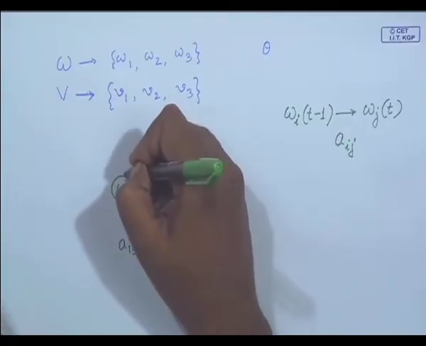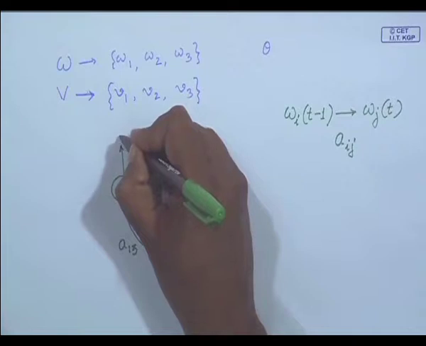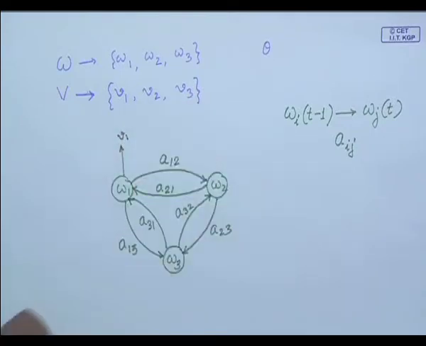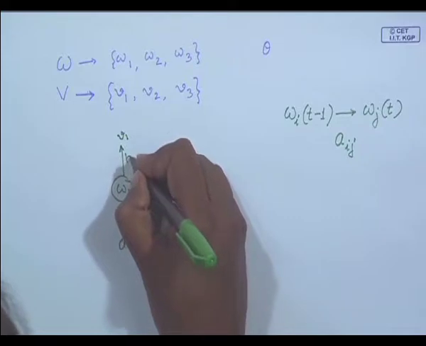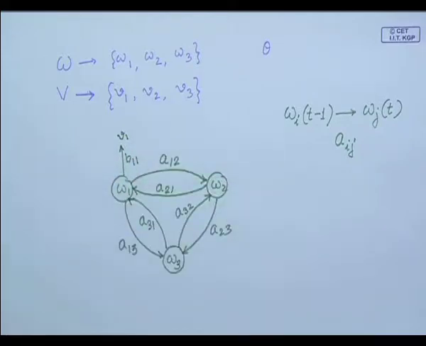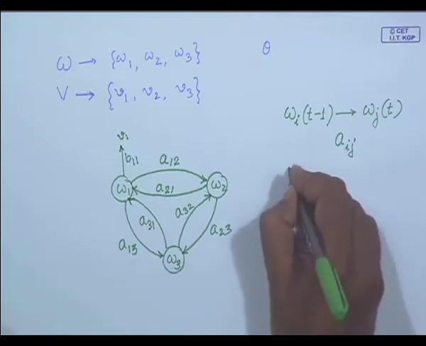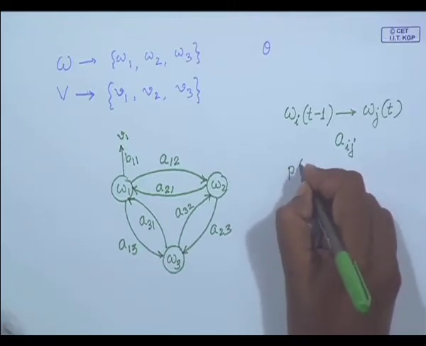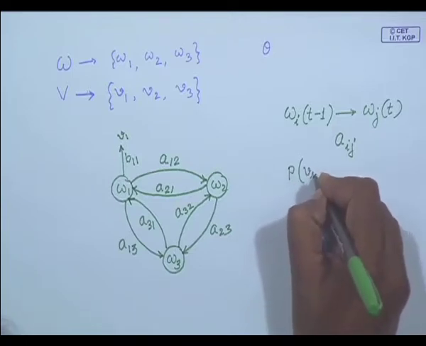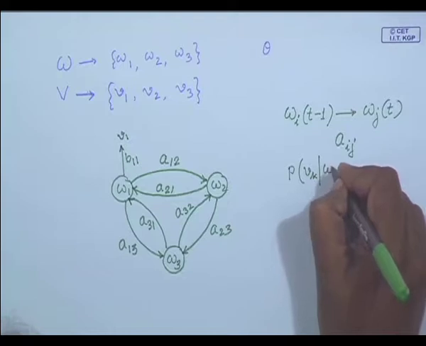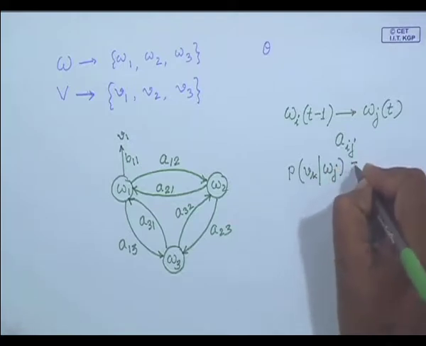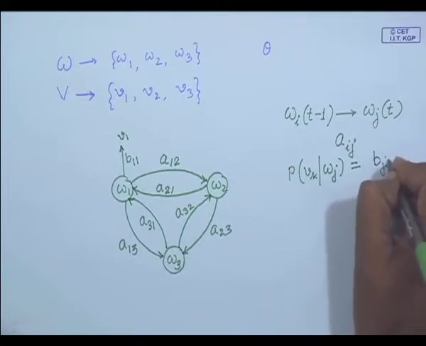Now, in every state, the machine can emit one of the visible states. In each of these hidden states, the machine can emit one of the visible symbols. So, from omega 1 it can emit the visible symbol v1 with a probability of emission given by b11, because, as we said, the probability that the machine emits vk when it is in state omega j is given by bjk.